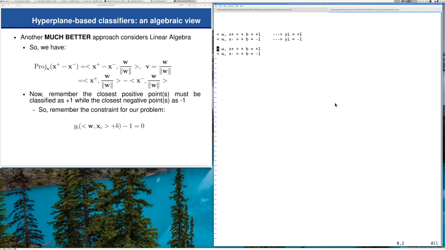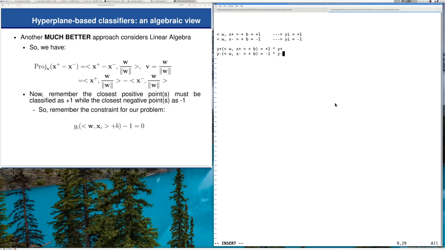I can multiply all this term by the positive label, plus 1 times the positive label. On this side, I can do the same with the negative label times this, and here the same times the negative label.